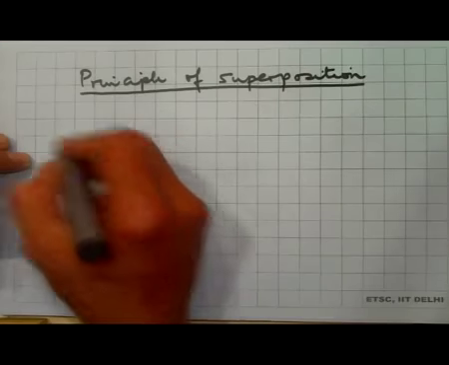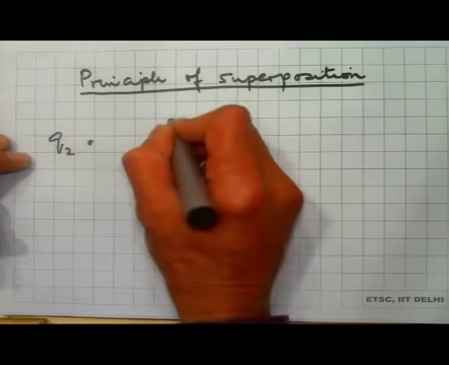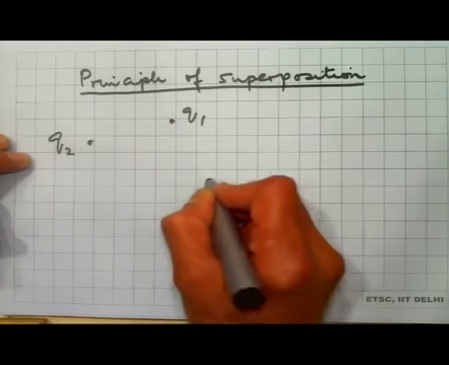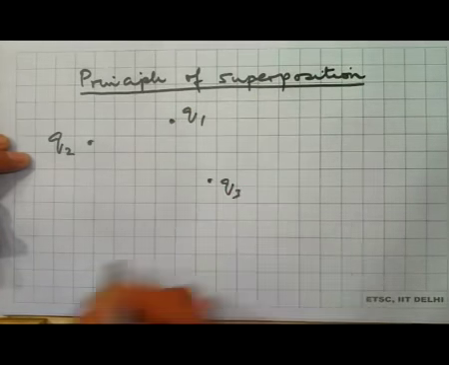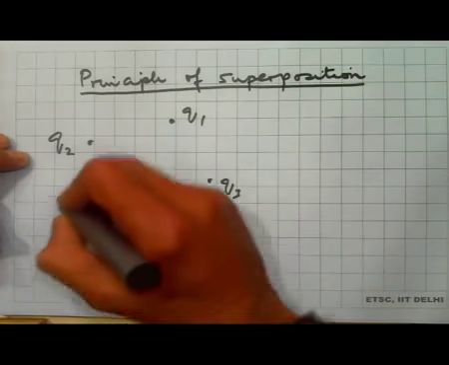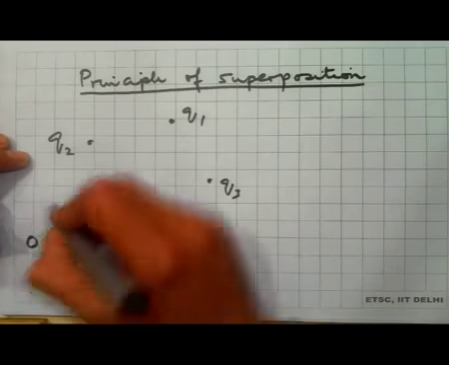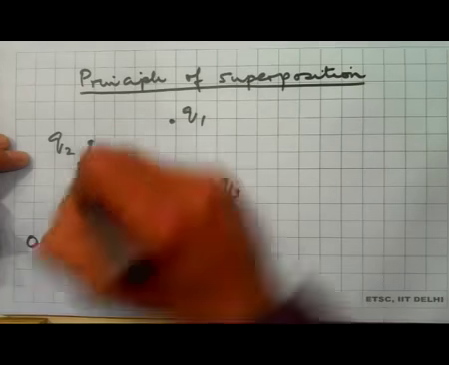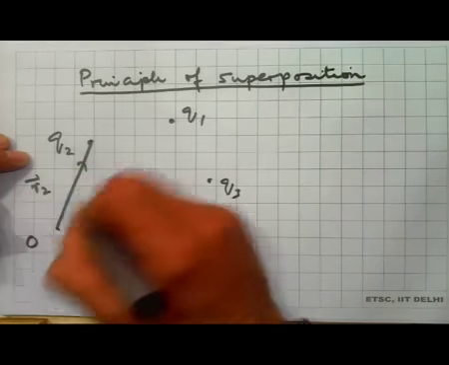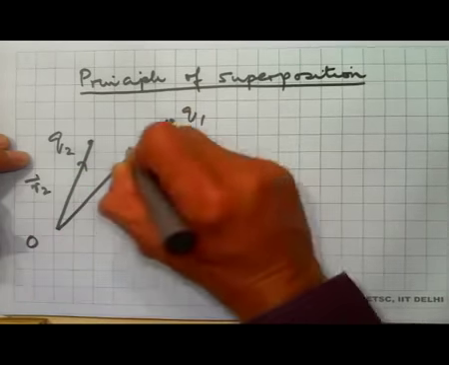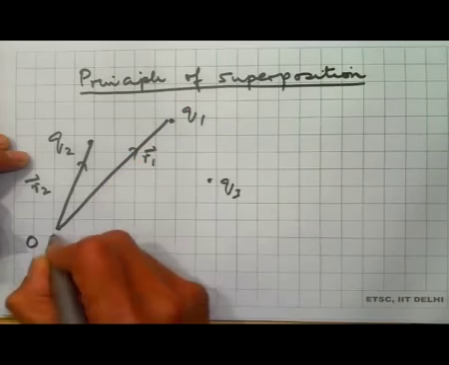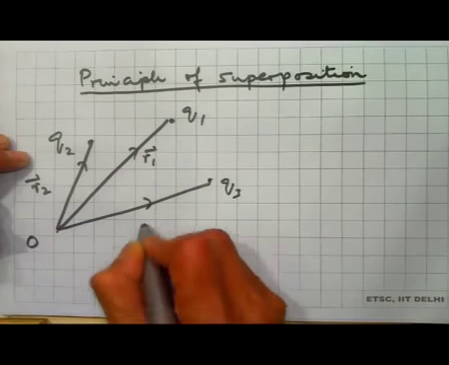So, I have a charge q2, I have a charge q1, and I have a charge q3. This is my origin here, O, this is R2 vector, this is R1 vector, and this is R3 vector.